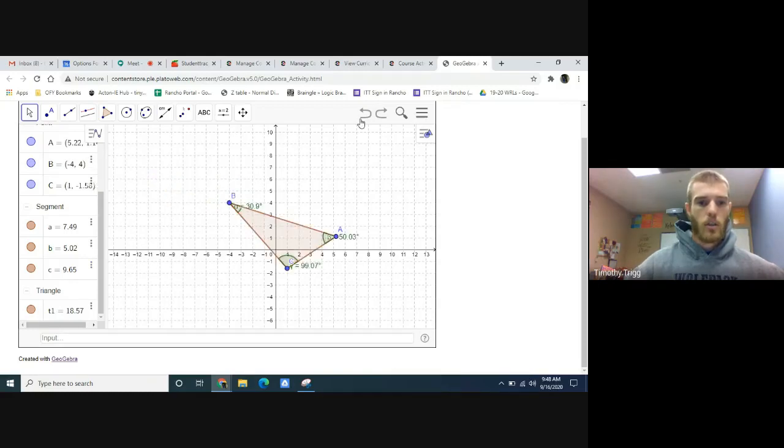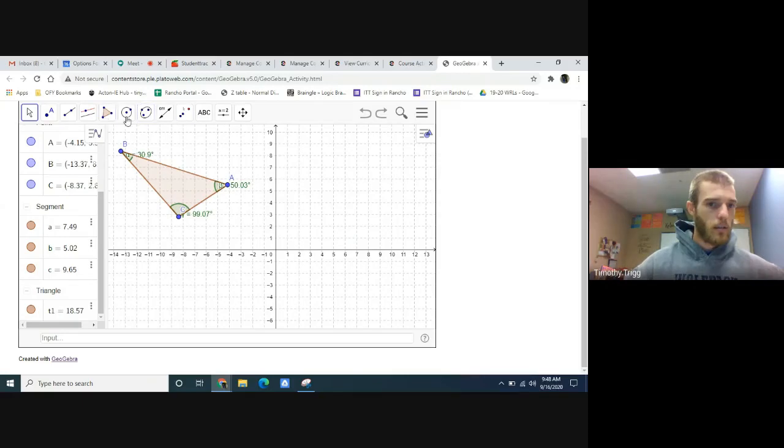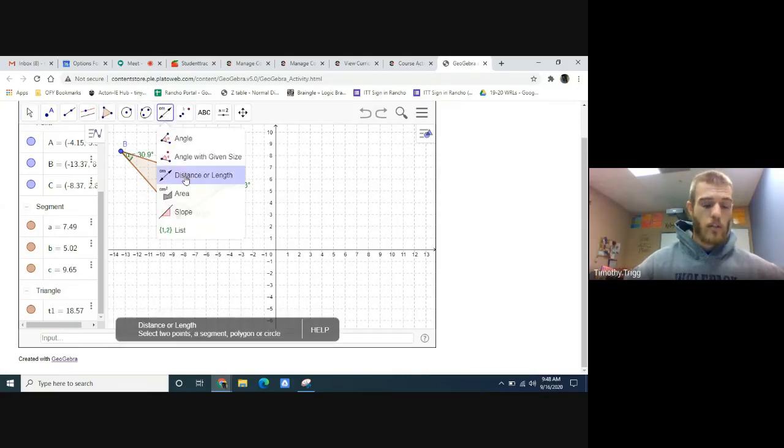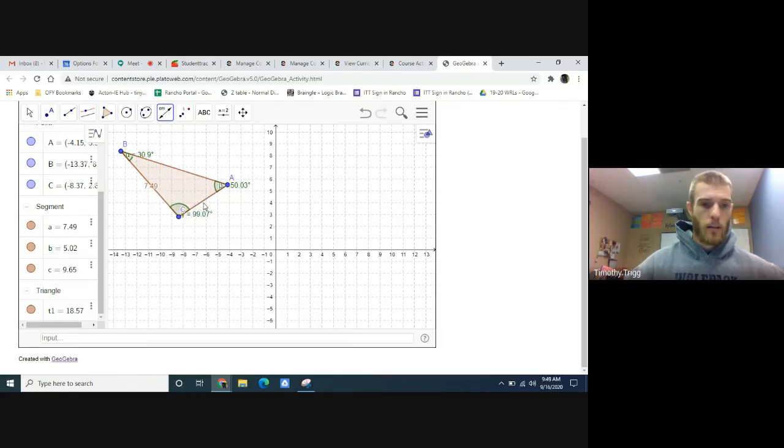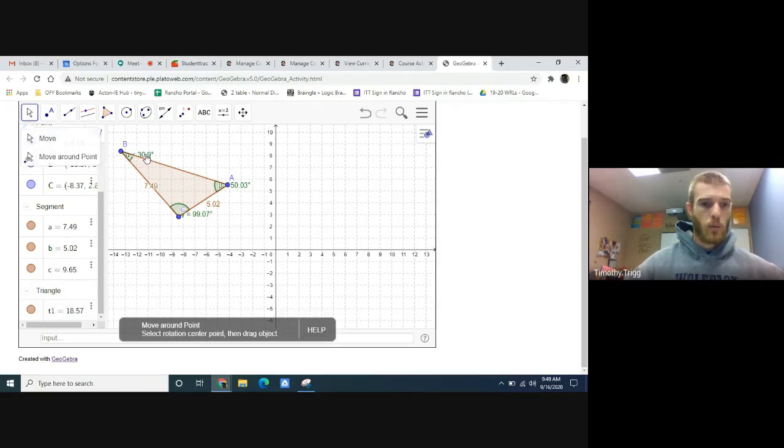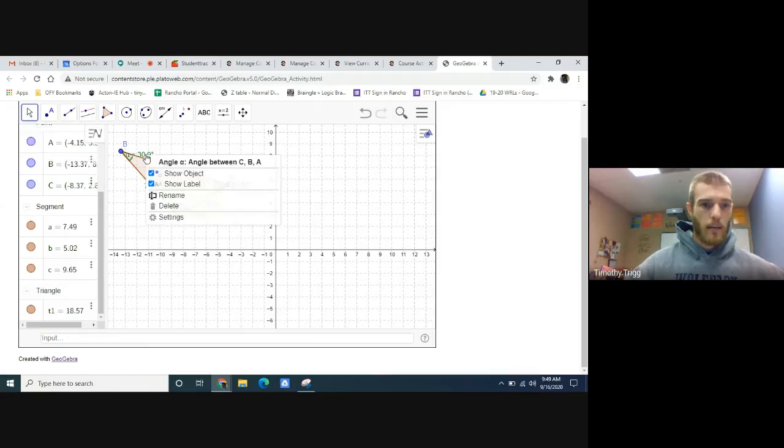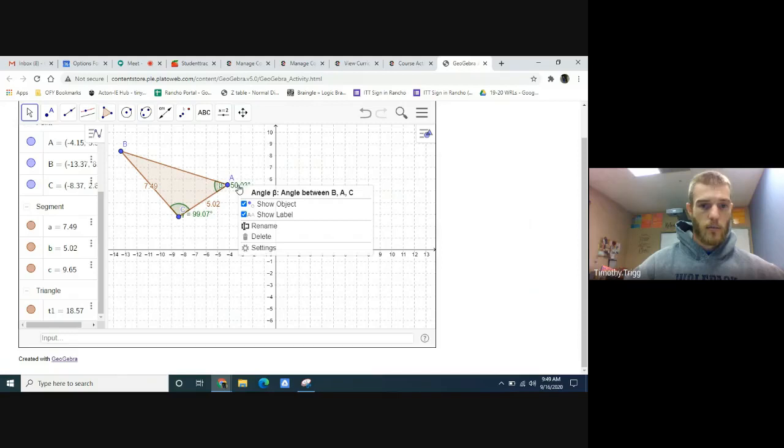Okay, so actually, let's go to this tool right here. And you want to go to distance or length. And we're going to click on these two side lengths here. For now, I want you to go back to the arrow tool and we're going to not show object on these.